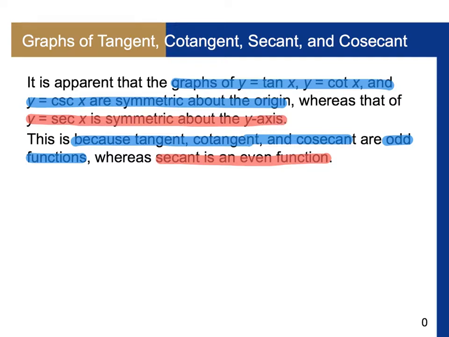So remember, this is the reciprocal of cosine, and we know cosine of x is even, so that means secant is even. So that's symmetric about the y-axis. But tangent, cotangent, cosecant, all the other ones are symmetric about the origin because those are odd functions.